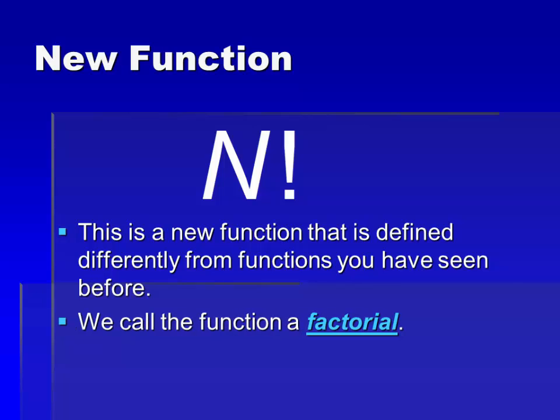But this function is called a factorial, and it's defined recursively. And recursive means that to know the next value, I have to know the immediately previous one. In other words, to know 4 factorial, I have to know what 3 factorial was.